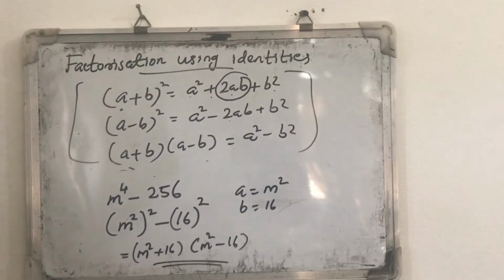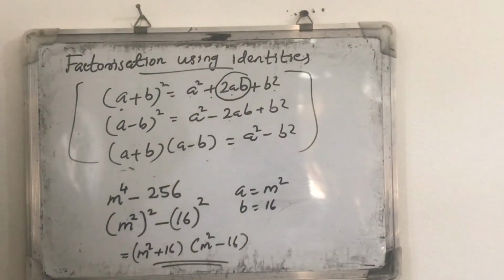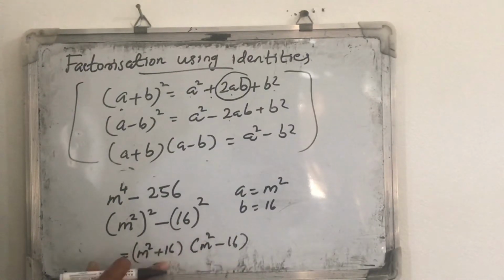Now we can again factorize this m square minus 16 if it is possible. Now it is again in the form of a square minus b square, so we factorize it the same way.